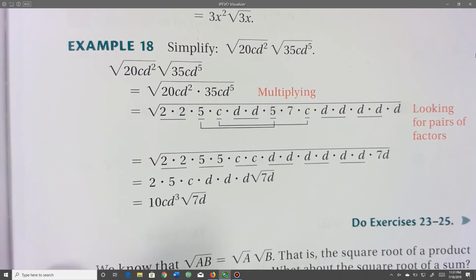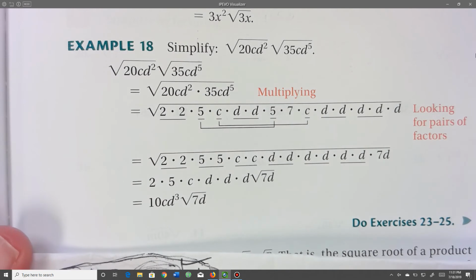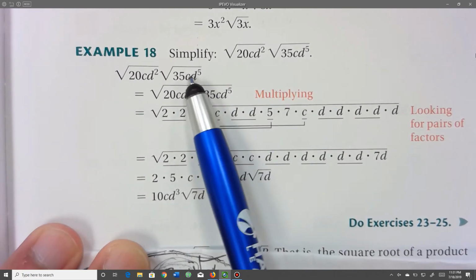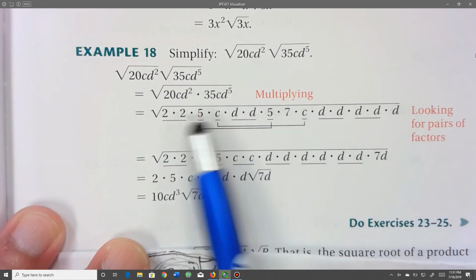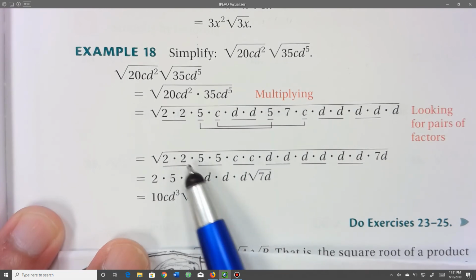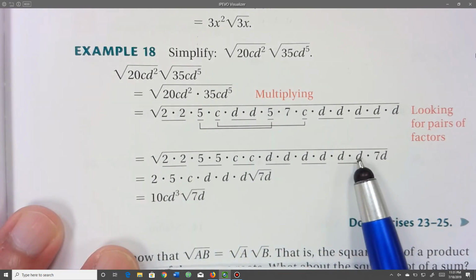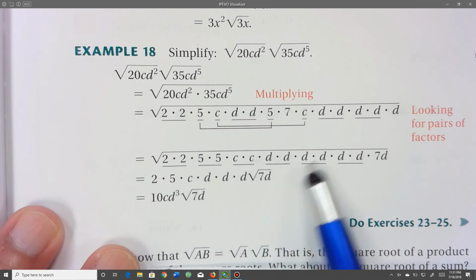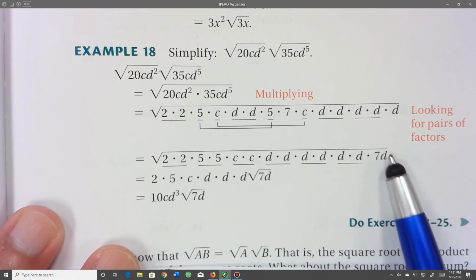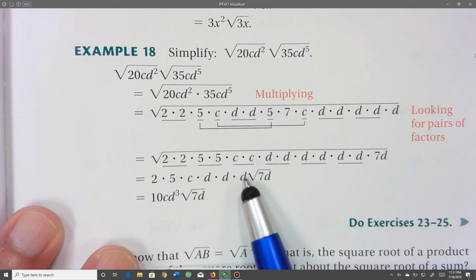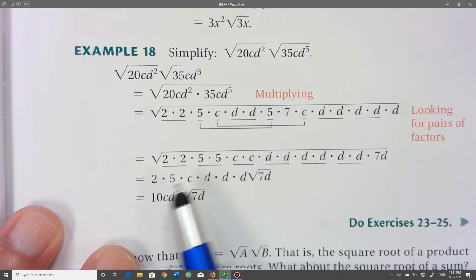They multiply together first, and then get all the factors and group them together in twos, which is what I've been saying. They have to be factors though. If you can't group them together, they're going to stay inside the radical sign like this. Bring the pairs outside and multiply them, you get this. And that's it.